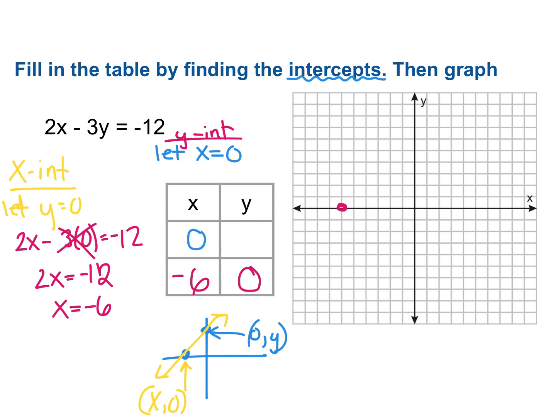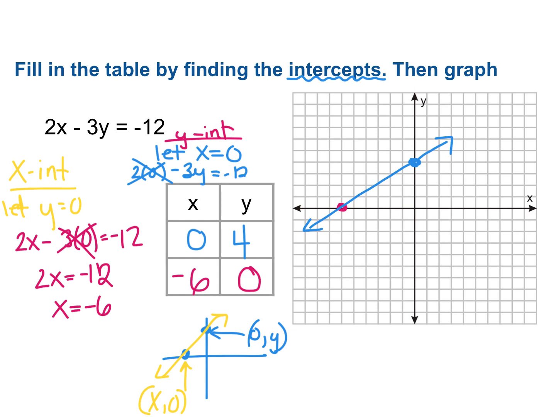So I'm going to let x be 0, and I'll substitute in. So I'd have 2 times 0 minus 3y equals -12. This would be 0, so I'd get -3y equals -12. If I divide both sides by -3, I get y equals 4. So I'll place that intercept on the graph, and there is my line.